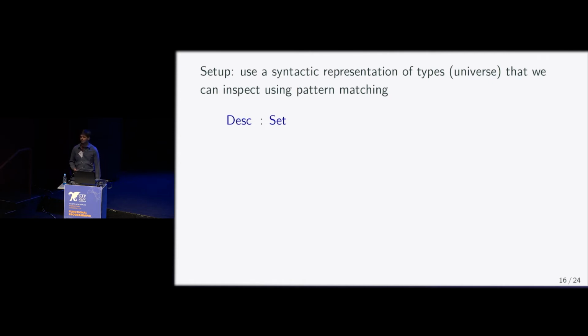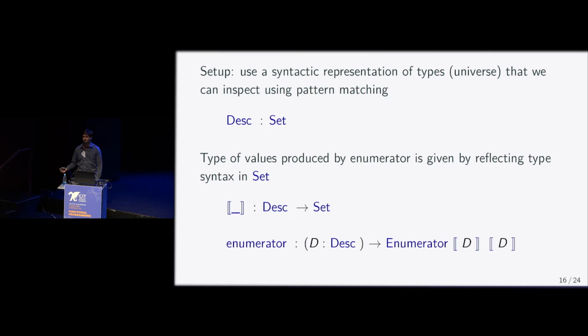So usually how these things are done is by creating some data type whose inhabitants correspond to Agda types, which is usually called the universe. And this is something we can inspect. And what you then do is you write a reflection function that reflects these syntactic elements back into Agda sets.